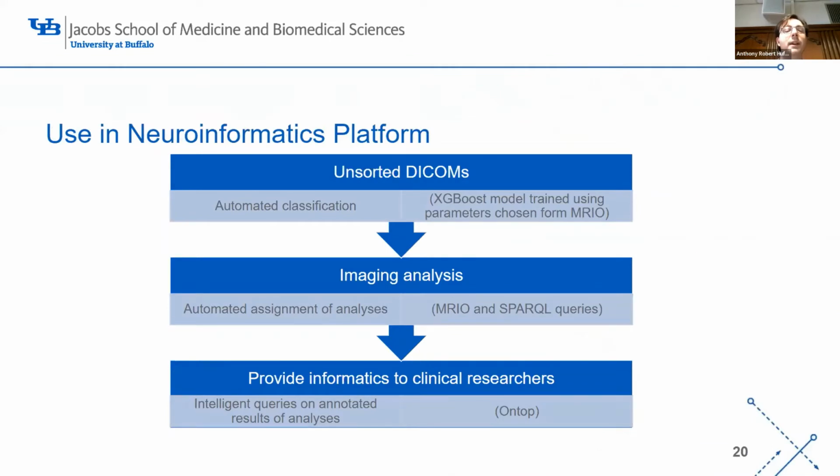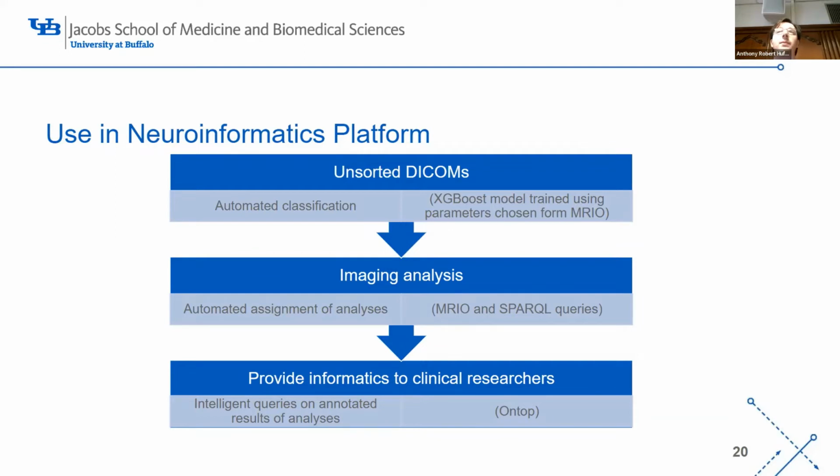So we have these unsorted DICOMs, unannotated images coming in. And in order to work with neuroimaging data, you need to know what kind of image you're working with. So we tag them. We tag the DICOMs as they come in. We do some automatic classification to say what it is. We then pass it off to a SPARQL query that will say, okay, we have this kind of image.